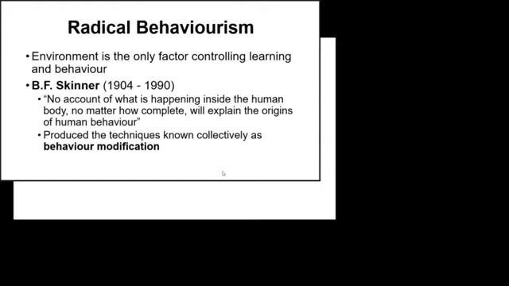Which is basically him saying that you could describe absolutely everything going on in the brain and in the body, and it wouldn't help you understand or predict behavior at all. So he argued that humans are only reacting to their external stimuli and nothing else. There's nothing internal that matters. It's all about how we're reacting to what's external.